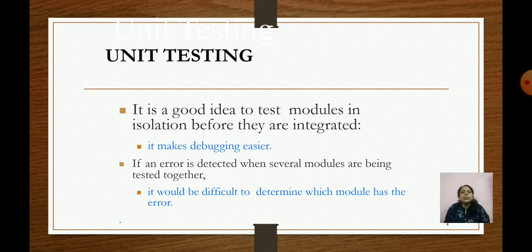Unit testing. It is a good idea to test modules in isolation before they are integrated. It makes debugging easier. Means we can easily rectify our errors while unit testing. Unit testing means a small module after coding is tested individually. It makes it easier for the programmer to debug the module, because if an error is detected when several modules are being tested together, it would be difficult to determine which module has the error.